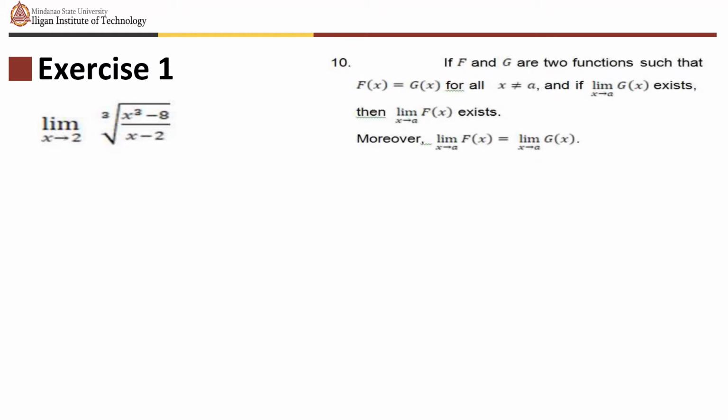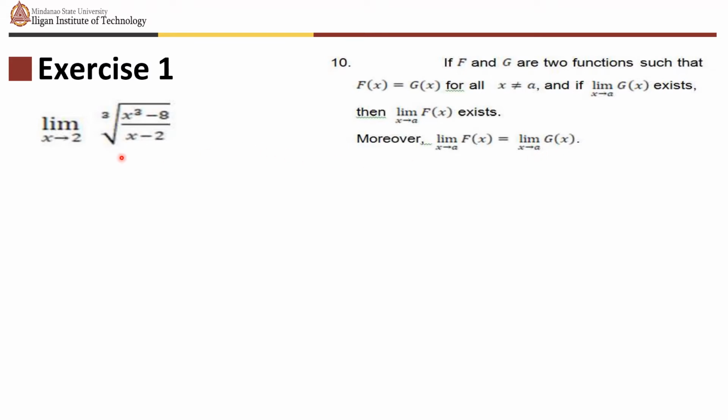Recall the following limit theorem, which says that if f and g are two functions such that f of x is equal to g of x for all x not equal to a, then if the limit of g of x as x approaches a exists, then the limit of f of x as x approaches a also exists. Moreover, the limit of f of x as x approaches a is equal to the limit of g of x as x approaches a.